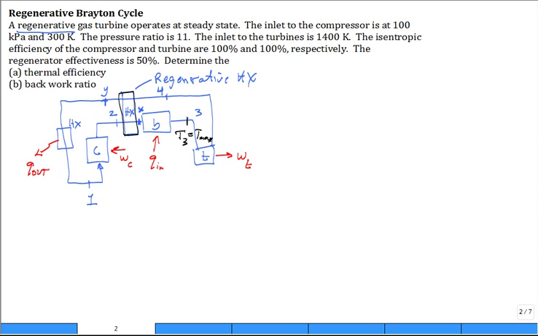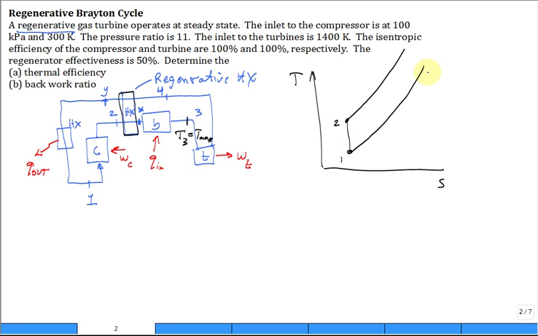Let's go ahead and look at it on a temperature entropy diagram. So we have the temperature entropy diagram. We'll start at state 1, go through compression to state 2. And now you have constant pressure heat addition, and you're going to go up all the way to state 3. Then you would expand down, and that doesn't look too well, does it? I need to put these closer together, sorry.